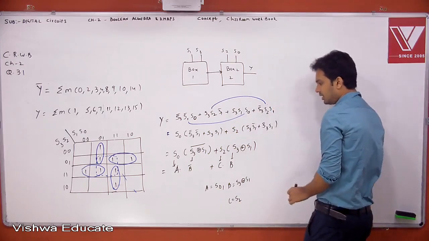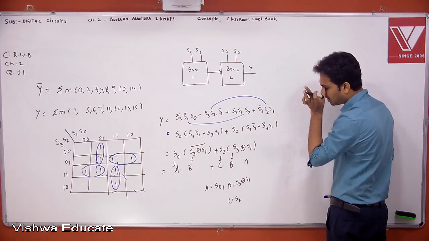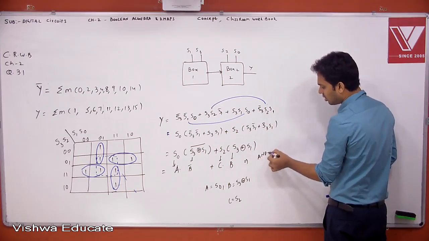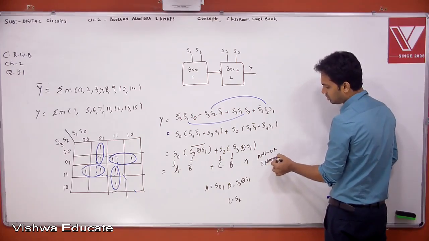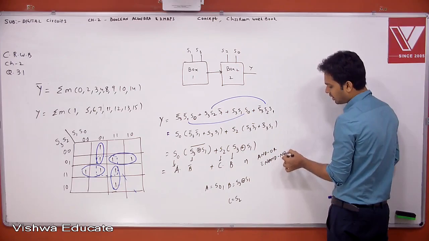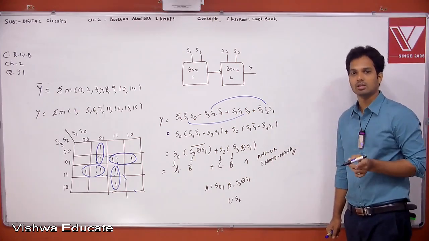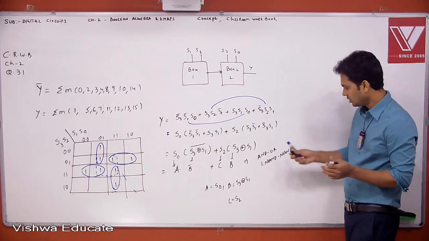Why I am writing like that is because if you write like this, AB bar plus CB, it is an AND OR function which is equal to NAND function. We know this AND OR is equal to NAND function, right? So we'll use this later.